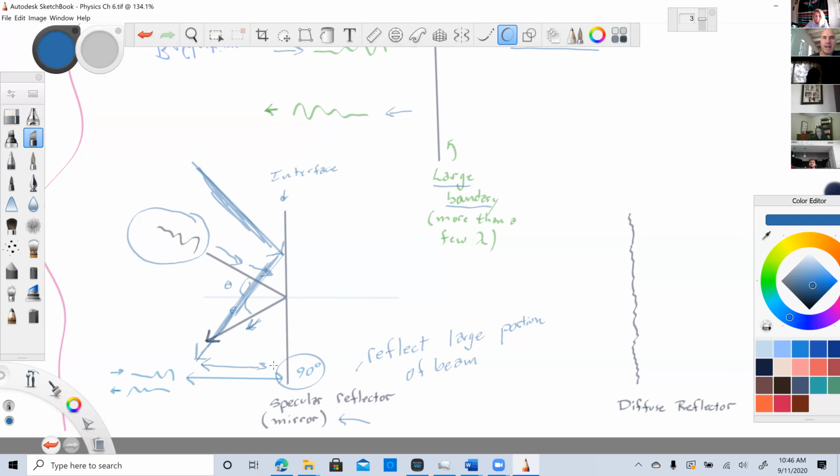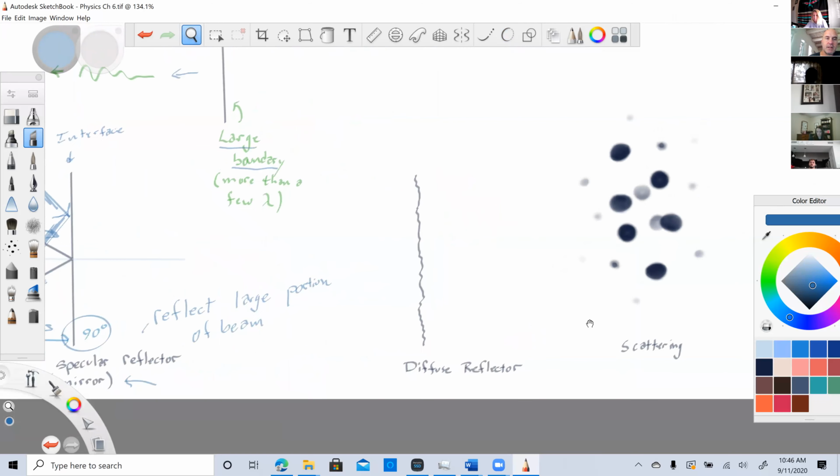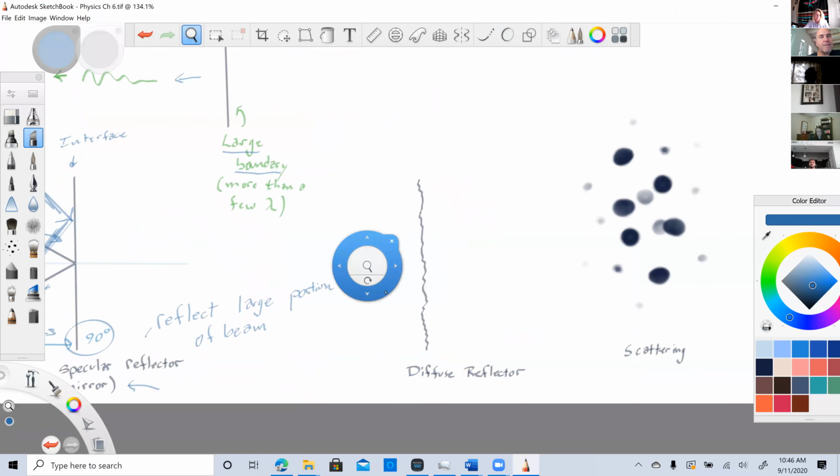Diffuse reflector, I have not drawn that in yet. Specular reflectors, by the way, are relatively rare in the body. Diffuse reflectors are everywhere. Basically everything else is a diffuse reflector. As a beam of sound comes in, let's use some brighter colors so you can see that better.